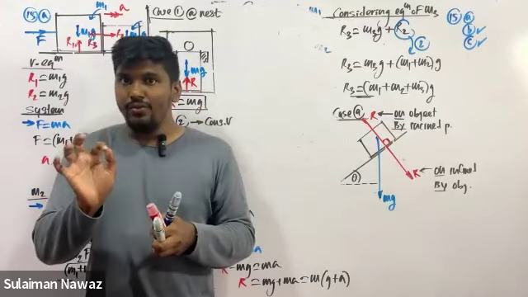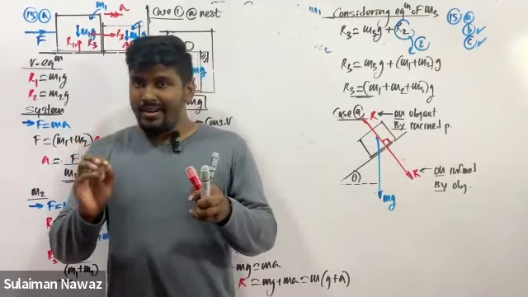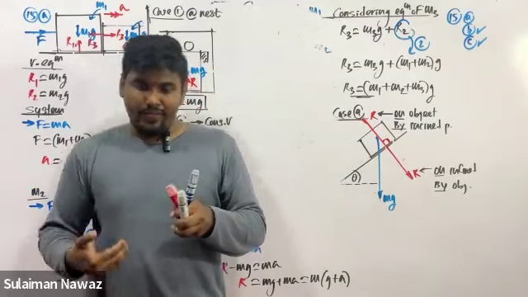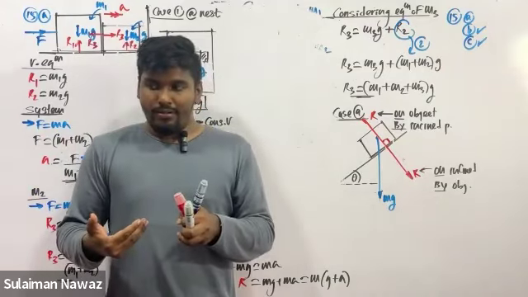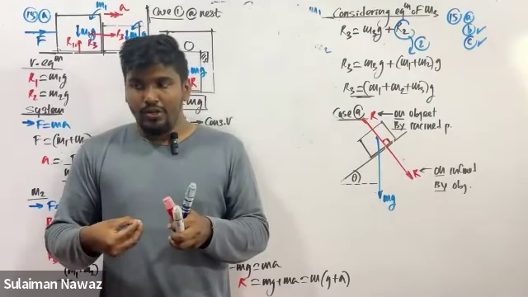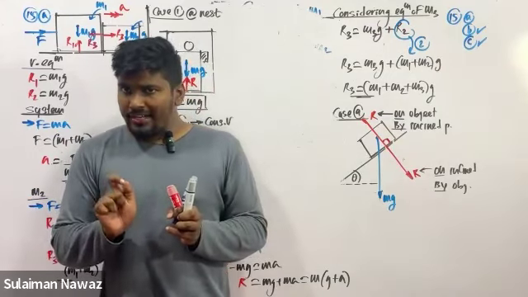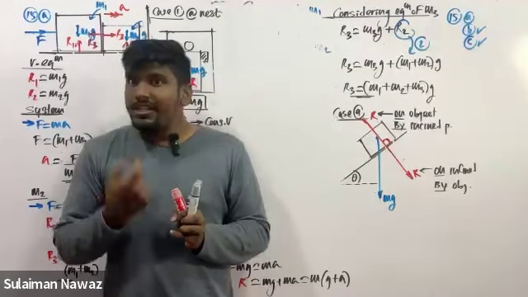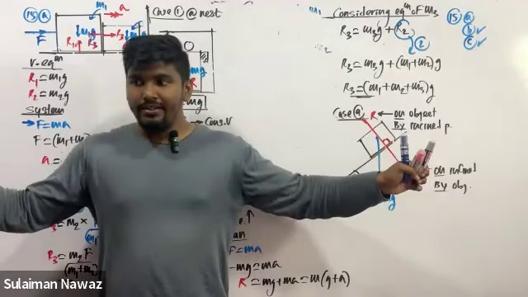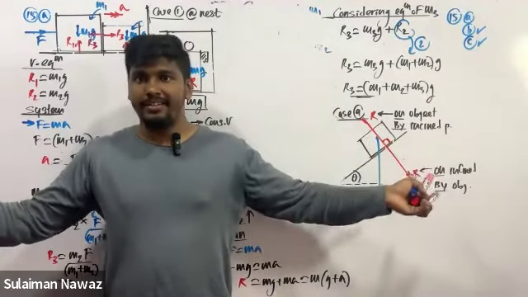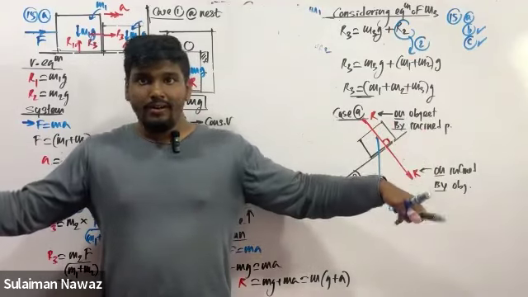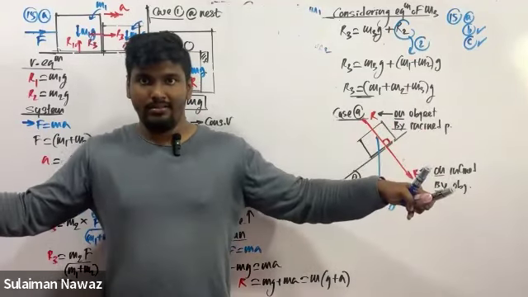Think that when you are standing on a floor, there is a normal reaction force on you. Normally, R is equal to mg. Think that the normal reaction force acting on you is 0. You feel that you are light. You don't feel your weight. You feel like you are floating, like you are flying.